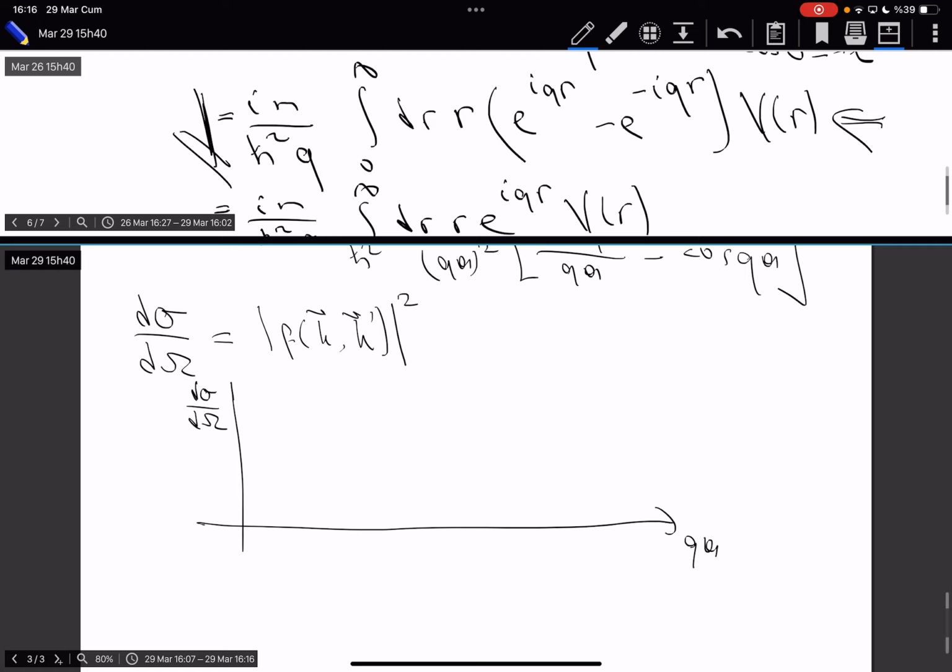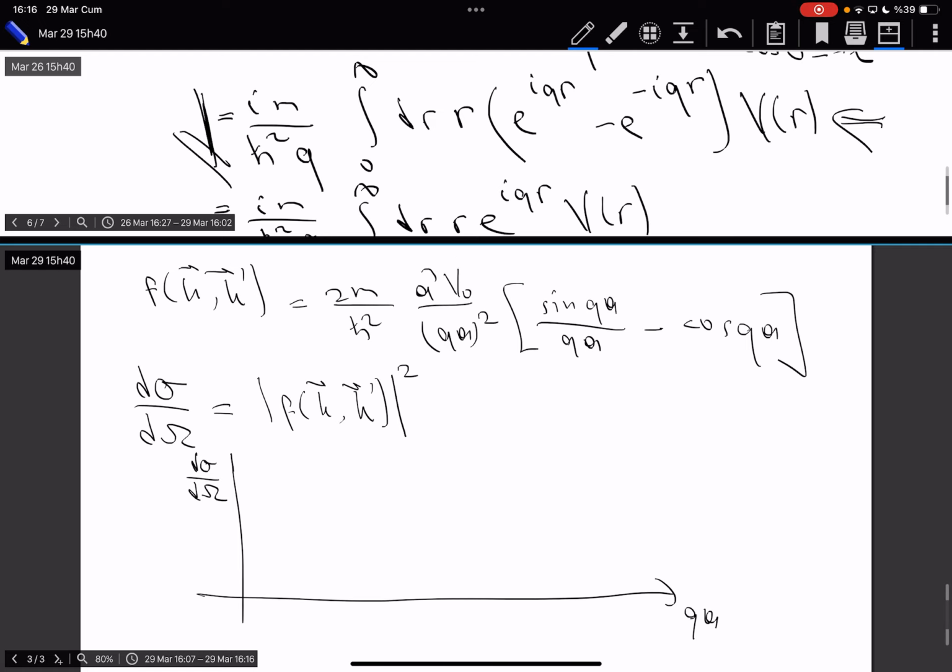Well, what is its value when QA is equal to 0, by the way? Minus 1, so it is a constant. It's just a constant. How do you say that?